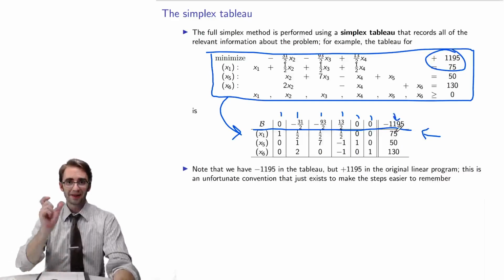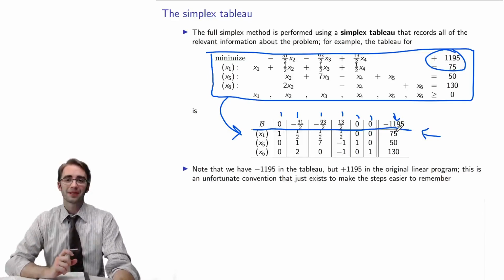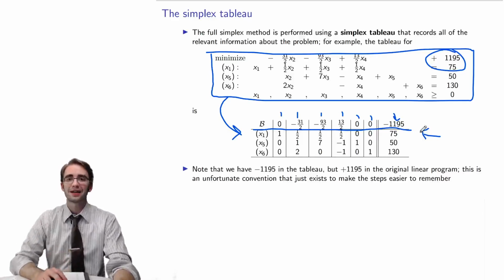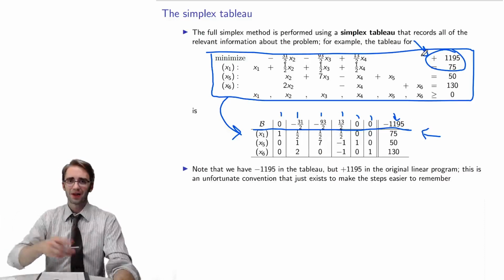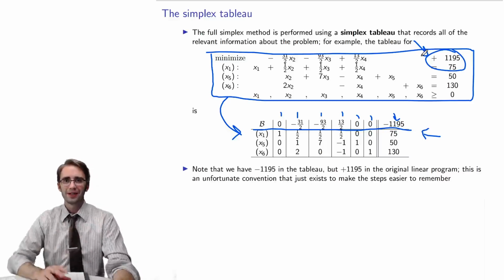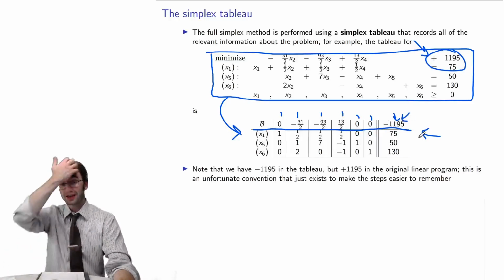This is an annoying little thing you have to remember about simplex tableaus, and you'll be seeing a lot of this. Whatever the constant is in your objective function, a bunch of variables plus some term, you multiply that term by -1 and put it in the upper right-hand corner like that, and you'll see how that ends up being useful later.